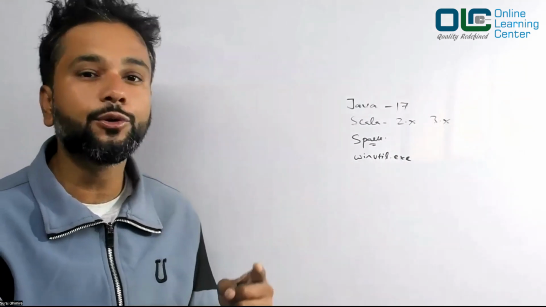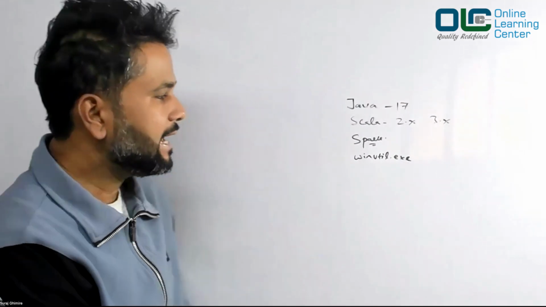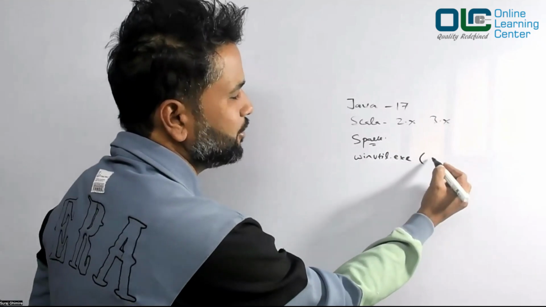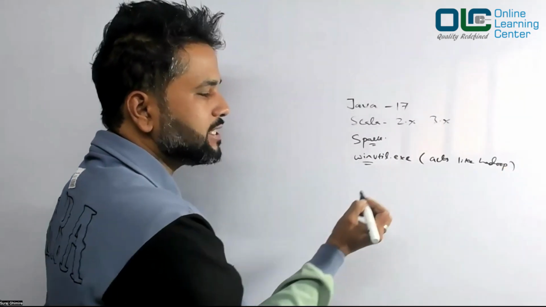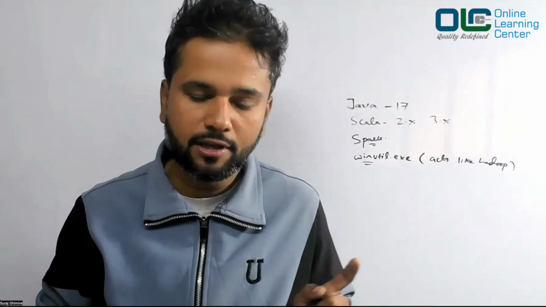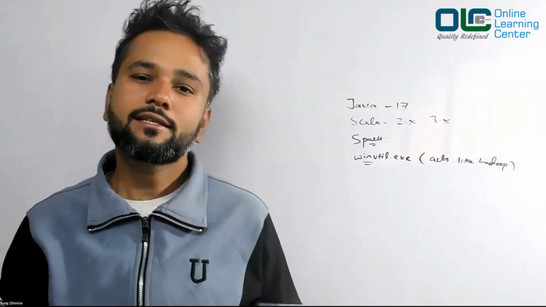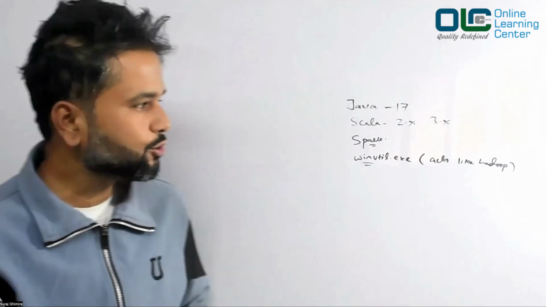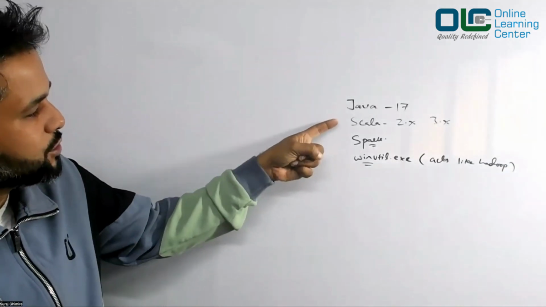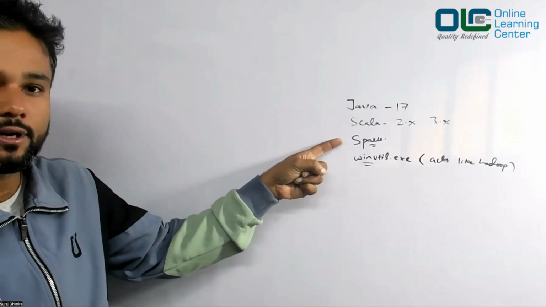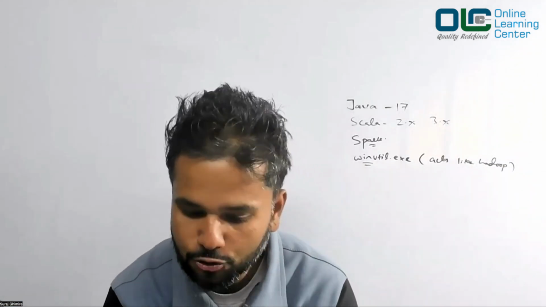We call it WinUtils. It acts like a Hadoop. It does not give you HDFS, it does not give you YARN, it does not give you anything, but it will just give Spark the feeling that a Hadoop environment is available. So you'll have to configure at least these three before you move to Spark, and that is what we are going to see today from scratch.